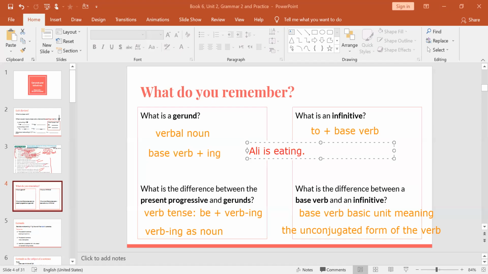That is the present progressive. Then you can say eating is fun. That is the gerund. That's the verbal noun.